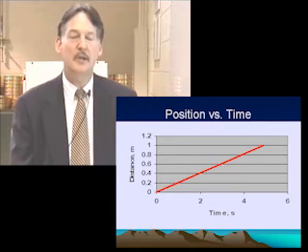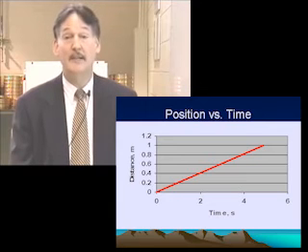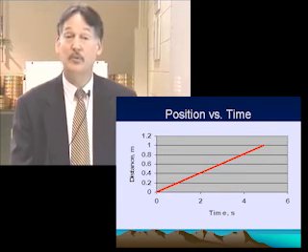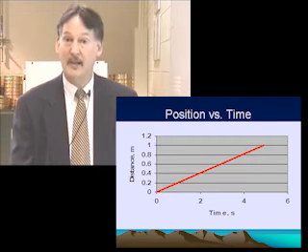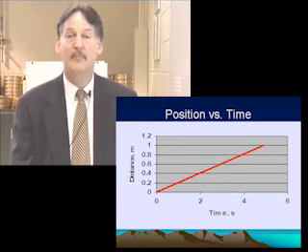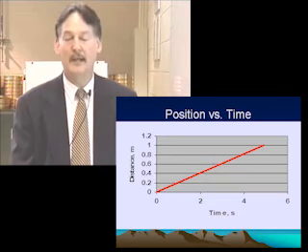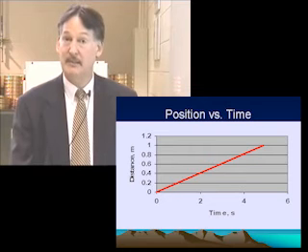Now, what would be the equation that would describe this line? That is, if we write an equation that says the object is located at x at time t. So we want an equation that starts with x equals, because that is the equal sign in mathematics. So x equals something times the time.